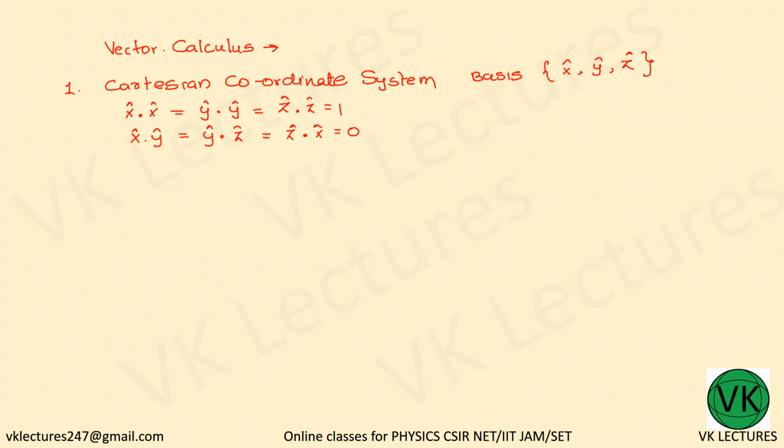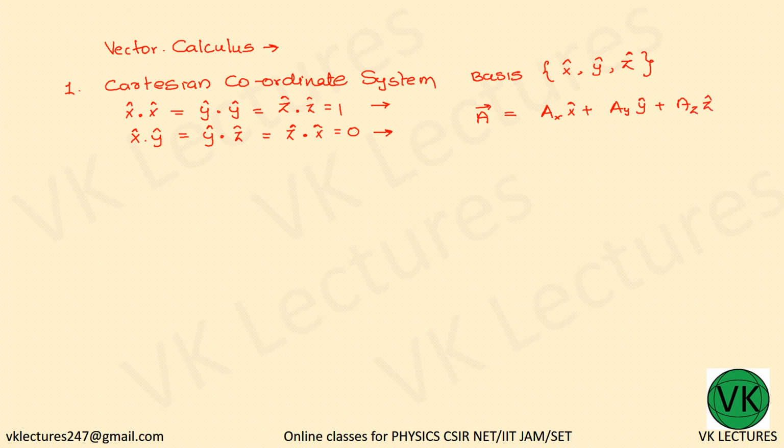This is just like the normalization for wave function, and this is similar to the orthogonality condition of wave function. Now any vector A, as mentioned earlier, can be put in terms of x cap, y cap and z cap. So we can write A equals Ax x cap plus Ay y cap plus Az z cap.